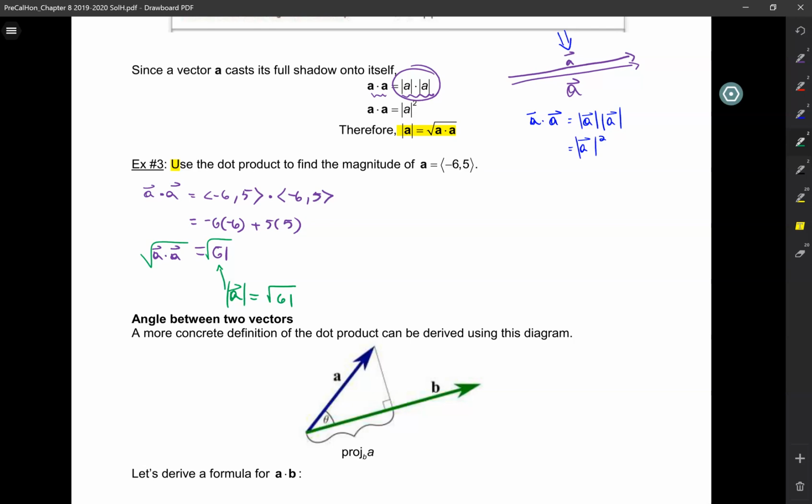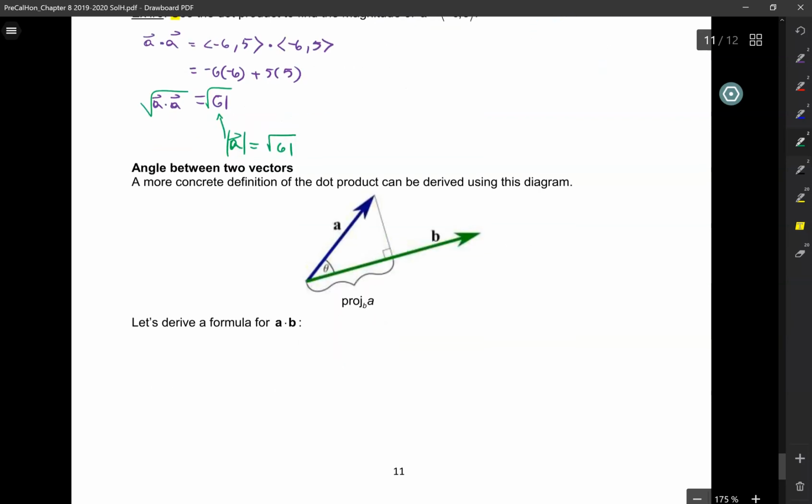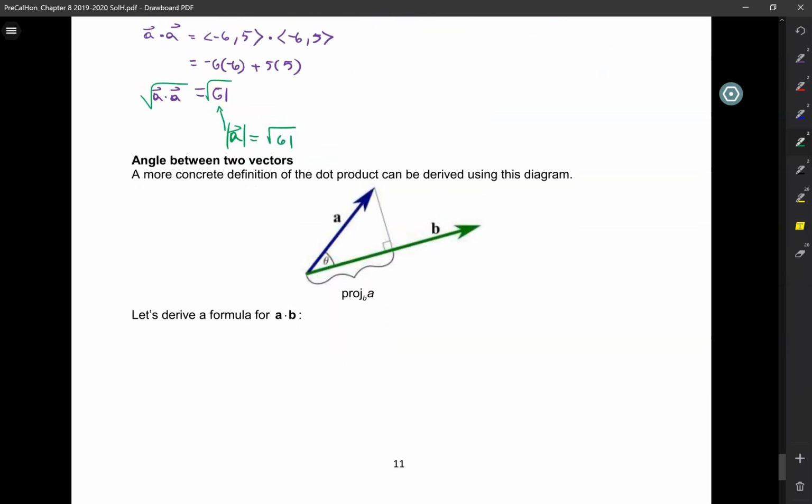All right, so let's talk about how we find the angle between two vectors. Here I have vector A and vector B, and they're joined by an angle theta. Now I want to find an expression for that angle. First let's talk about what A dot B is. Where does A dot B come from?